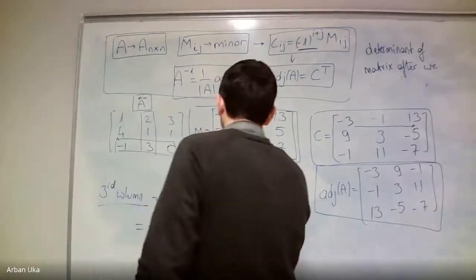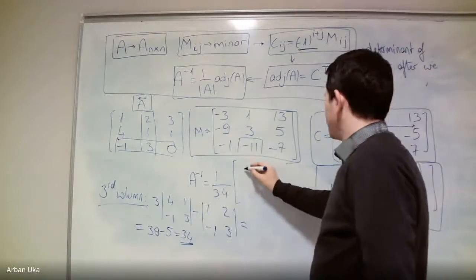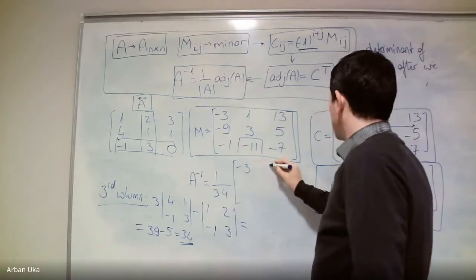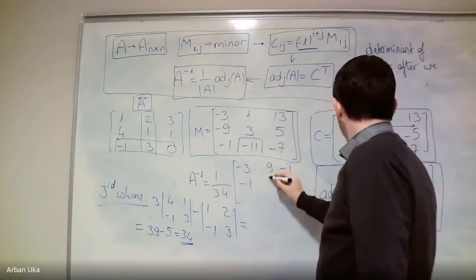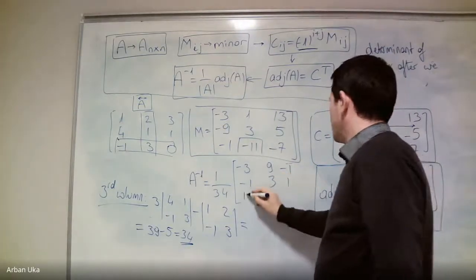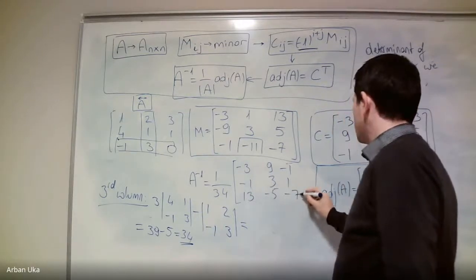So here, we divide by 34, and then here, we just multiply with minus 3, 9, minus 1, minus 1, 3, 1, 13, minus 5, minus 7.